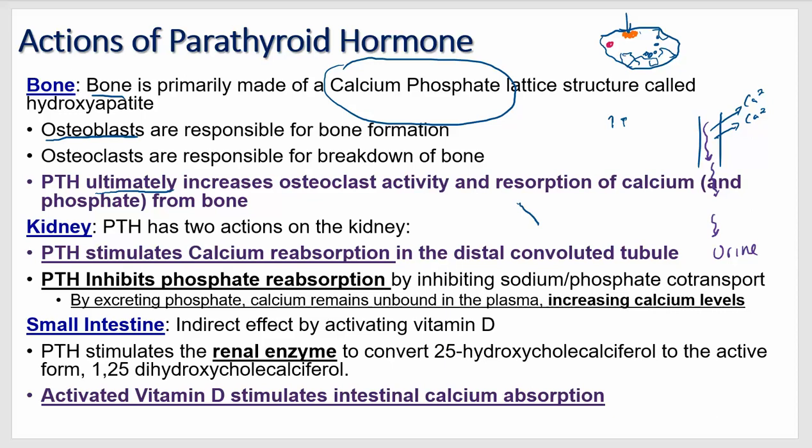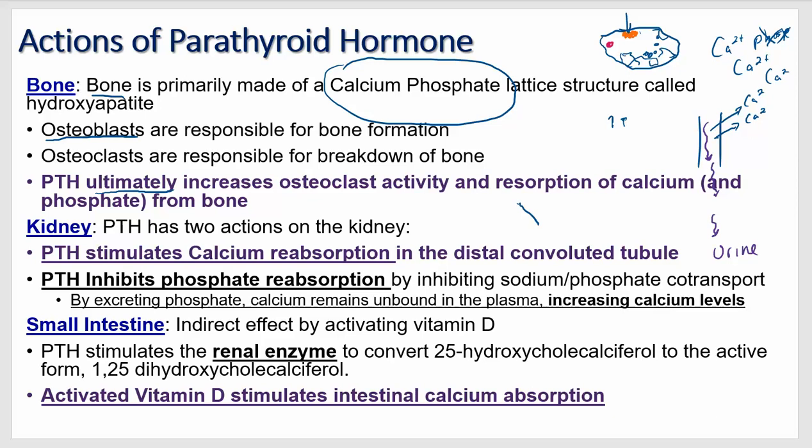But by excreting phosphate, calcium remains unbound in the plasma. So remember, that was kind of an issue, is we had calcium bound to phosphate. Well, now we're saying bye-bye phosphate. So now we're going to have more free calcium. So that's good. If you have hypocalcemia, if your calcium levels are low, that's a good response, increasing that calcium.